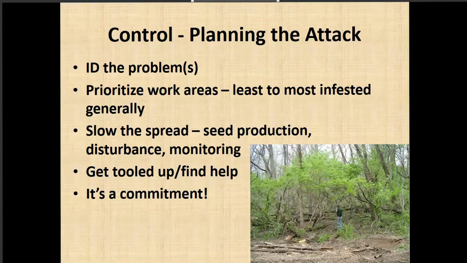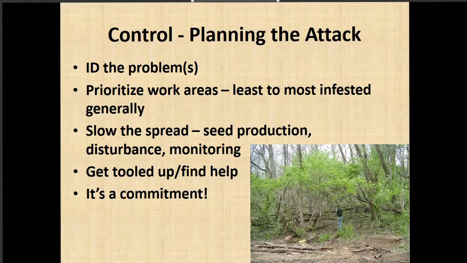And that may sound kind of counterintuitive, but the reason we do that is that in the least infested areas, we're oftentimes looking at small plants that are not yet producing seed and that have done minimal damage to the environment so far and are a small part of the plant population in that area. So if we can kill the plants in those areas and prevent them from becoming established and competitive, our natives have a better chance of retaining dominance on that site, and we reduce the amount of biological damage that's done there.